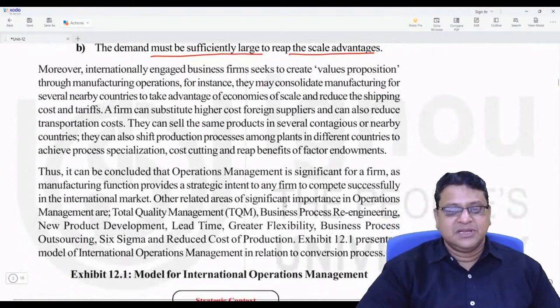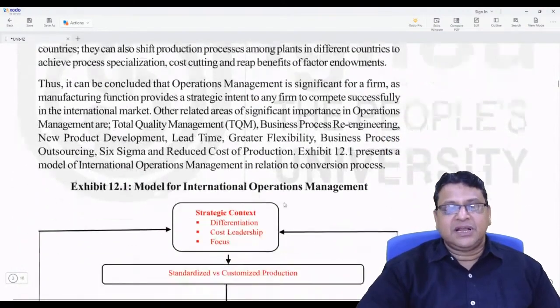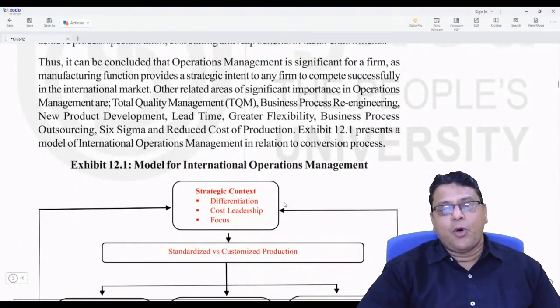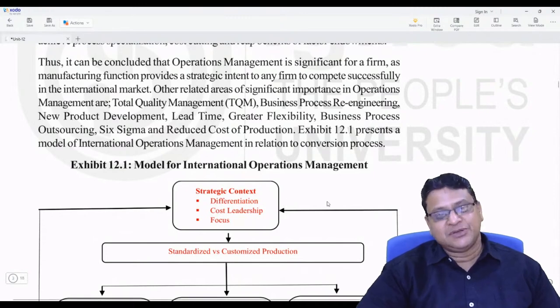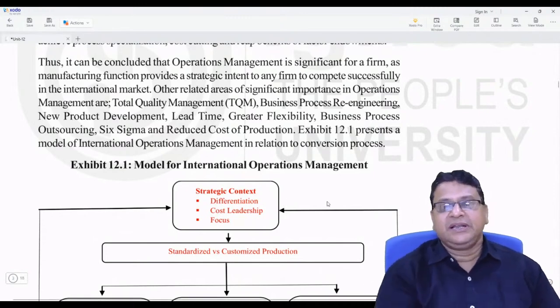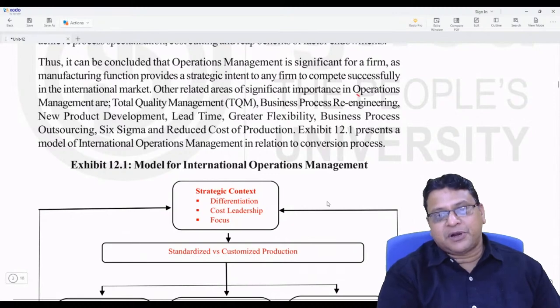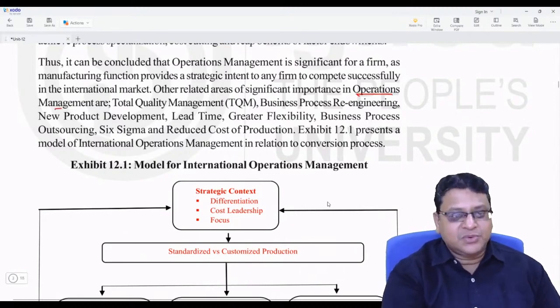Next, in this context, there are many operations management techniques which can be used in producing products or services. What are those techniques?